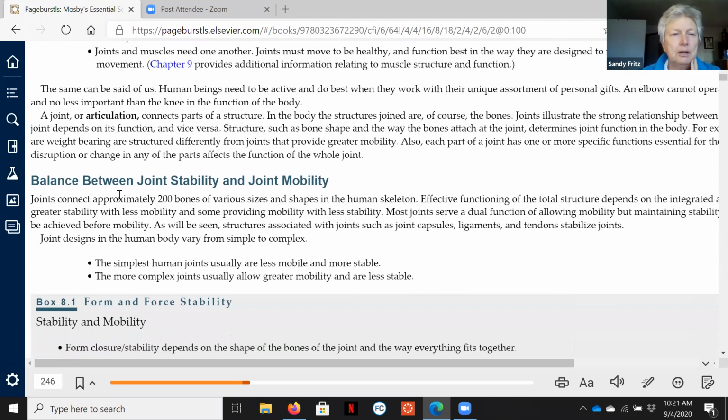So here I already mentioned the balance between joint stability and joint mobility, and stability will come first, and then there will be mobility. And if the joint structure itself cannot provide the stability, then the soft tissues around it will attempt to do that, and that's where we get a lot of our stiffness.